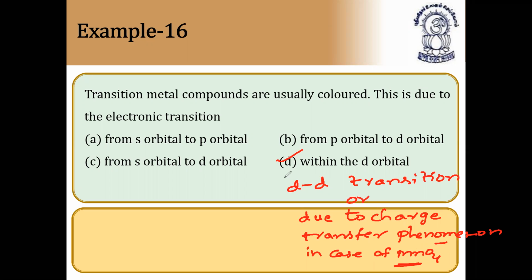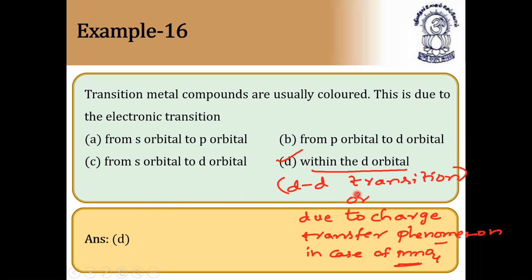So usually most of the transition elements are colored due to d-d transition, so transition within the d orbital due to electronic transition. So let us check the answer. So answer is D.